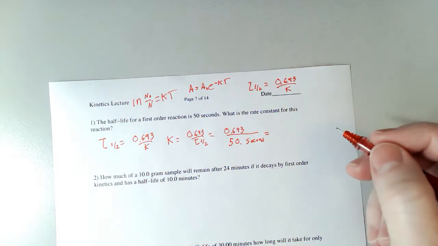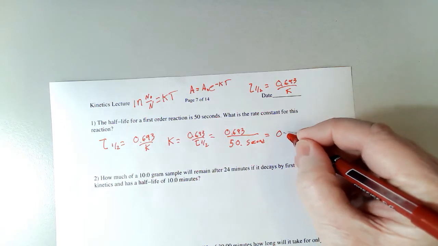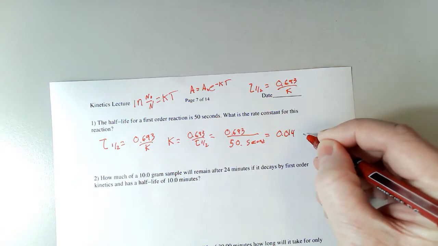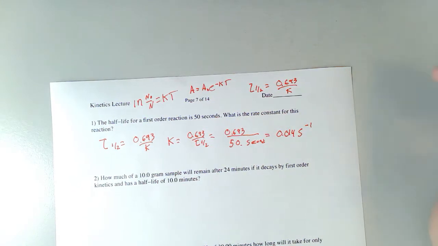Let's not turn this into an argument about sig figs. When I run that through my calculator, I get 0.014 seconds to the minus 1, or per second.